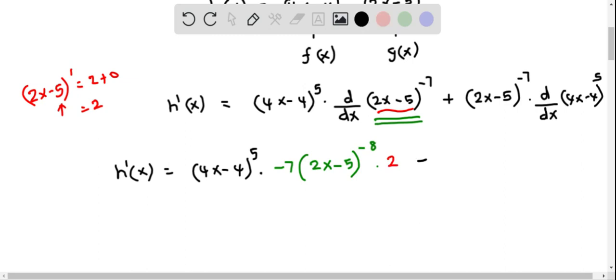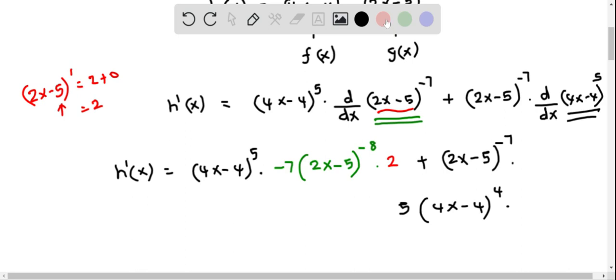So we multiply with this number 2. Now let's continue. Plus we write this (2x minus 5) raised to the power of negative 7, and we write the derivative of (4x minus 4) raised to the power of 5 using the power rule. So I put the power 5 in front and write down (4x minus 4) raised to the power of 5 minus 1, which is 4.